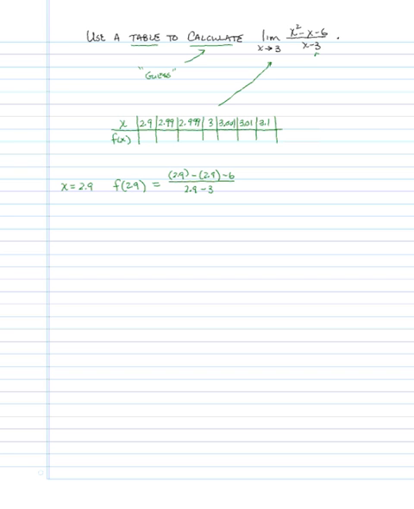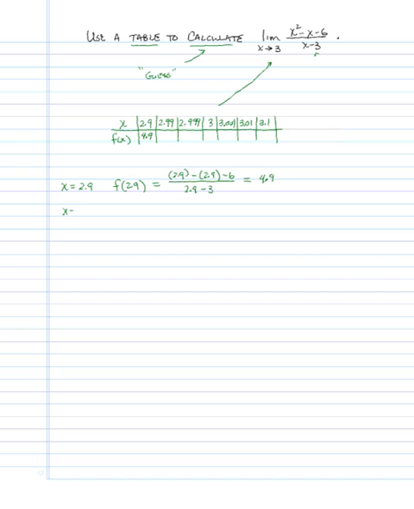Of course, like I said, x is getting close to 3, but it's not 3. So in this case, x is 2.9, so we don't have a 0 denominator. Now, I'll be honest with you here, I used my calculator, as I would probably expect you to do, and I did the calculations and got a value of 4.9. So I fill in this table position with a 4.9.